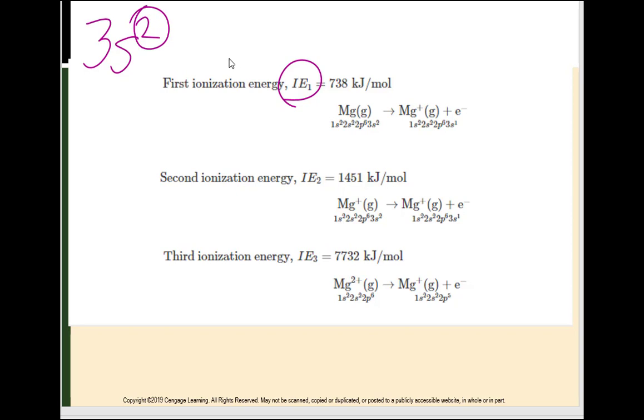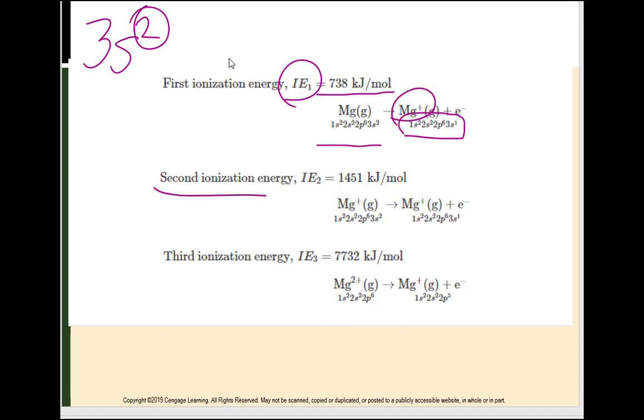To remove one of these s electrons requires 738 kilojoules per mole. Therefore, I'm taking it from 1s2, 2s2, 2p6, 3s2, taking away one of those electrons, making it 3s1. So we're just making it Mg+. It only takes 738 kilojoules because we're just removing one of those.